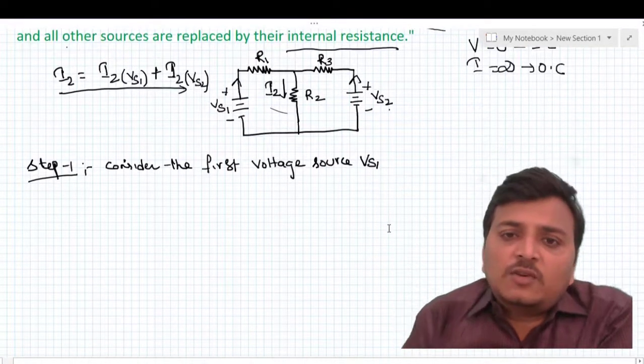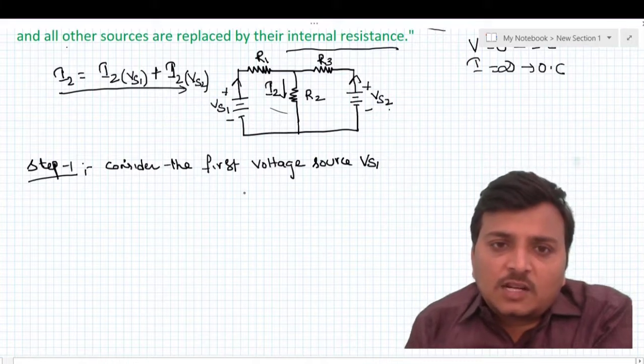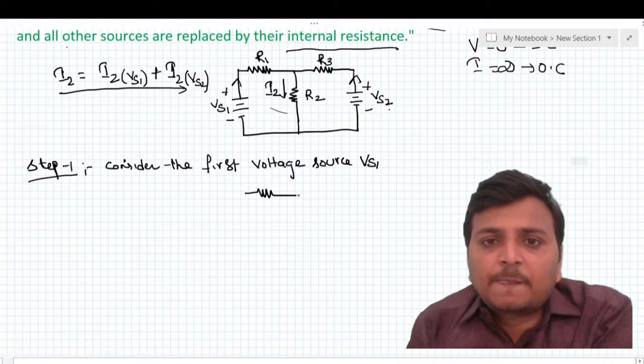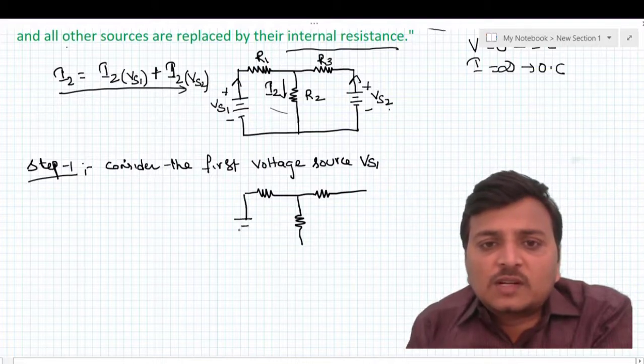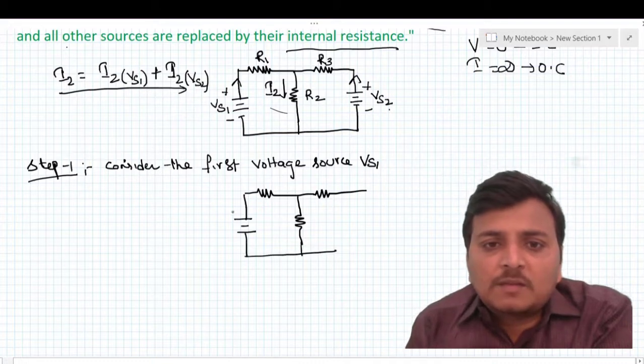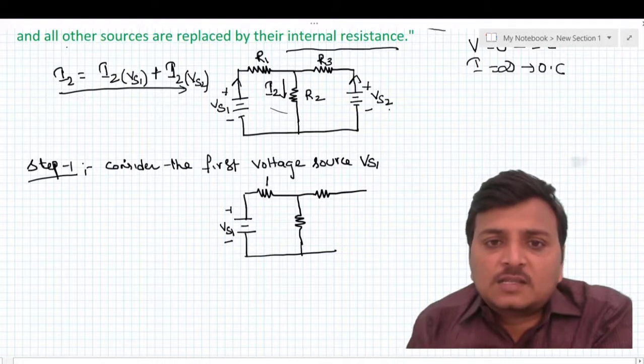So how will the circuit look? I'll redraw the circuit with resistors R1, R3 and R2. Now I am considering only the first voltage source VS1, with plus and minus polarity, and this is resistor R1, this is resistor R3, and this is resistor R2.